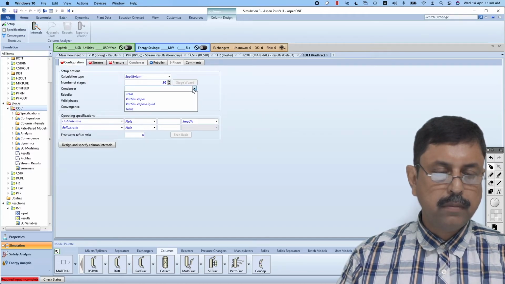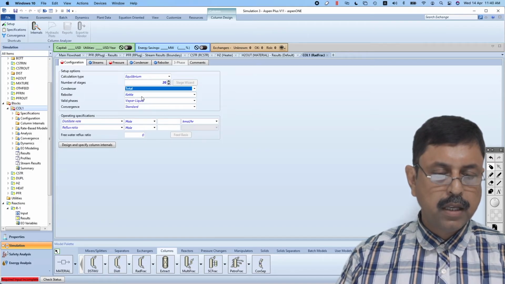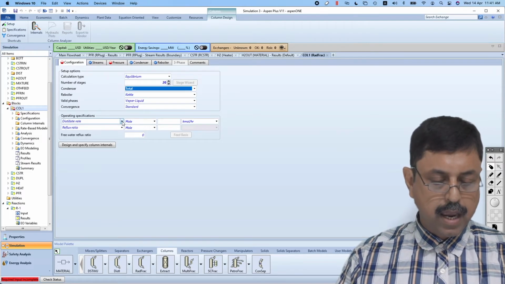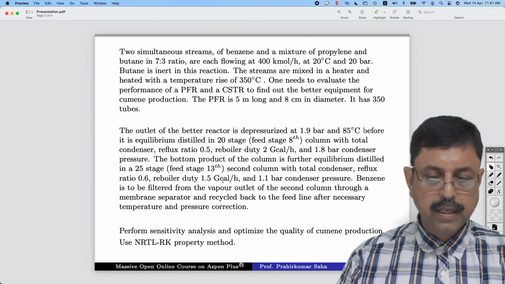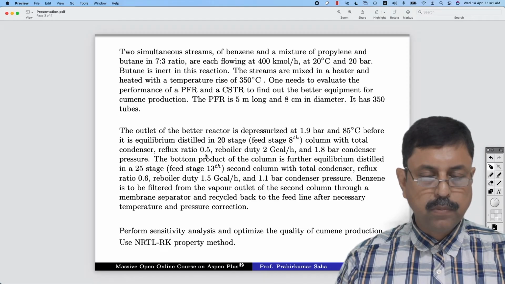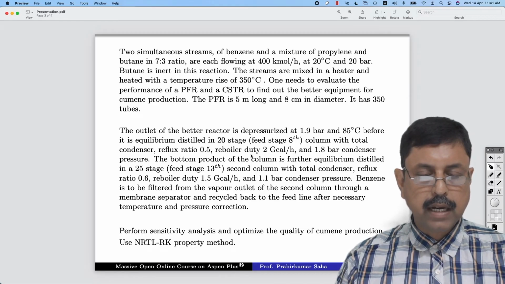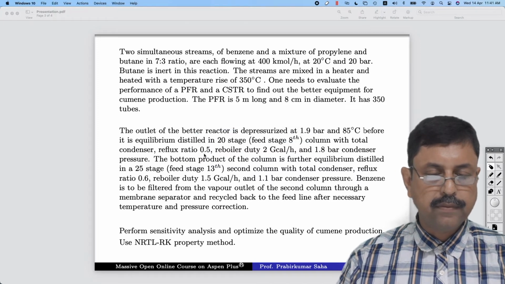The condenser will be total condenser, and we have two pieces of information over here. Reboiler duty 2 gigacalorie per hour and reflux ratio 0.5.